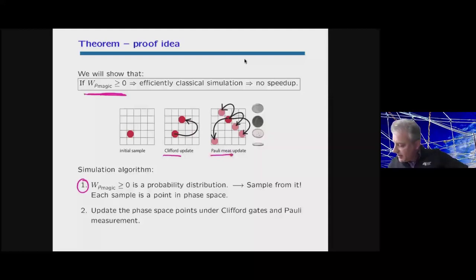And if your next operation is a Pauli measurement, then you're using positivity preservation of the Wigner function. So you basically can simulate Pauli measurements with a coin flip. Okay, so that's the idea without going into technical detail. If the Wigner function becomes negative, this simulation algorithm fails at the very beginning. You can't sample from that distribution anymore. Good. So this is about that theorem.